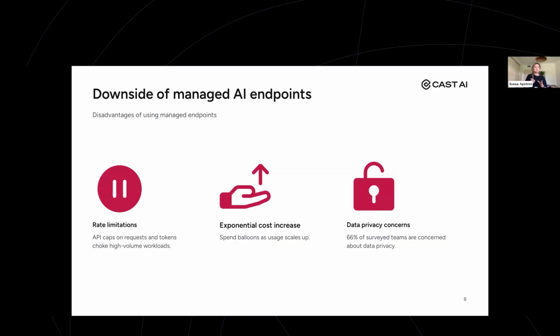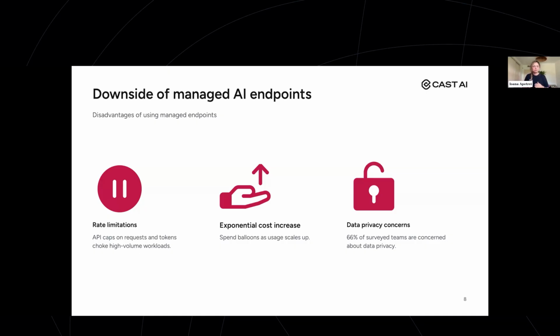So once you start putting some pressure and you start seeing some traffic on your application through this integration, you're going to start hitting rate limitations. And this is a major problem that people that we talk to complain about. We've seen teams having to build their own logic, their own routing code to go around these rate limitations. And I think the reason is that there is not enough GPU to go around for everybody, right?